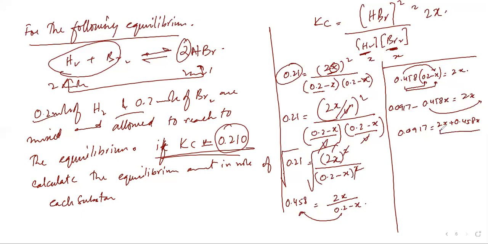So if I add these two x quantities, so this becomes 0.0917 and 2.458x, leaving x on this side, 0.0917 over 2.458.